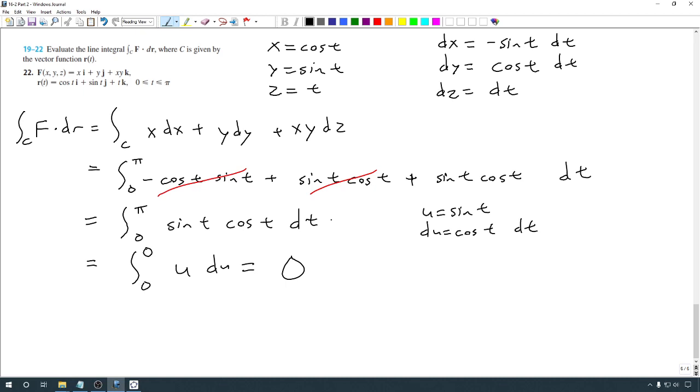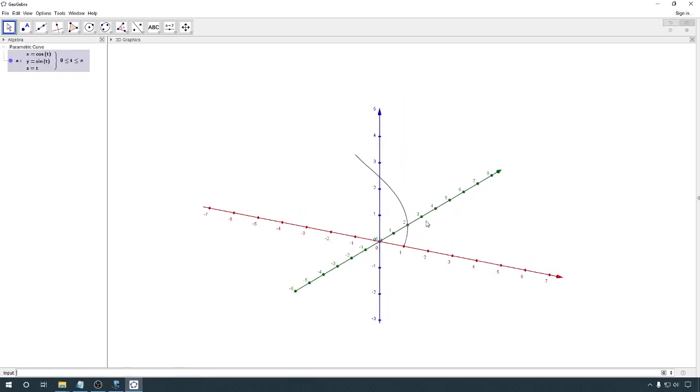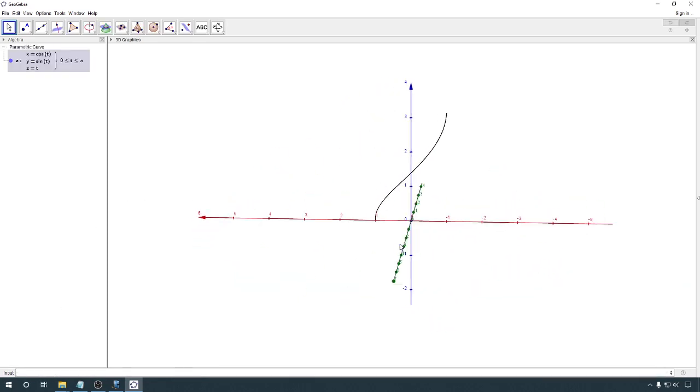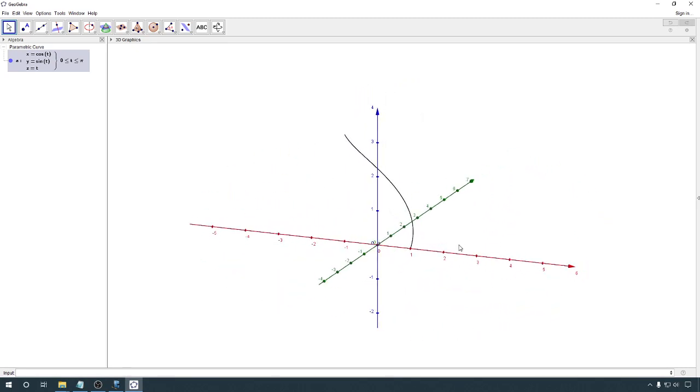Let's go ahead and actually plot this thing. Now we are working here in 3 dimensions. Our curve is 3-dimensional. Remember the parameterization of the curve is cosine t, sine t, t, and it's going from 0 to pi. This is basically the helix that we had before, but now we're going halfway around the z-axis.